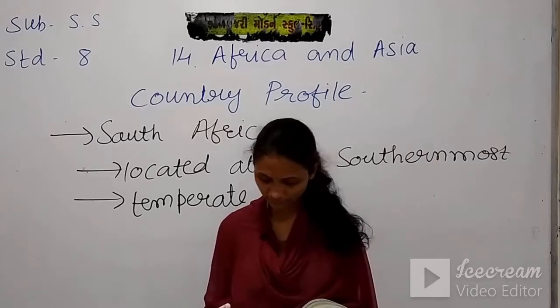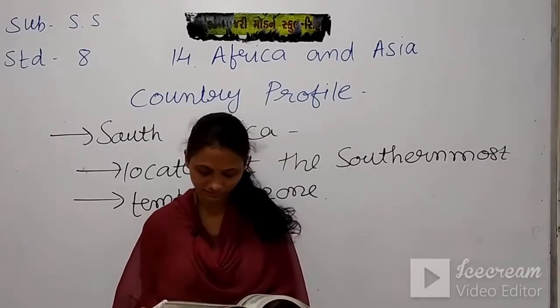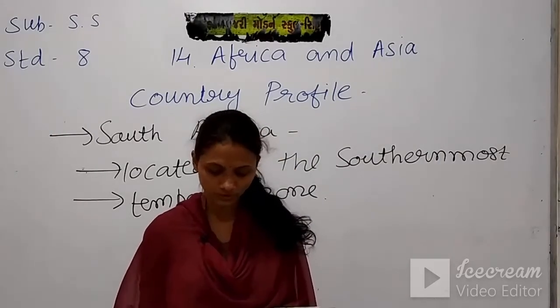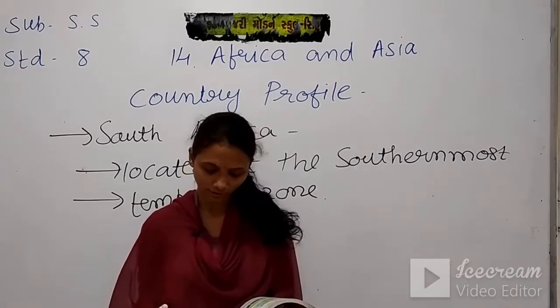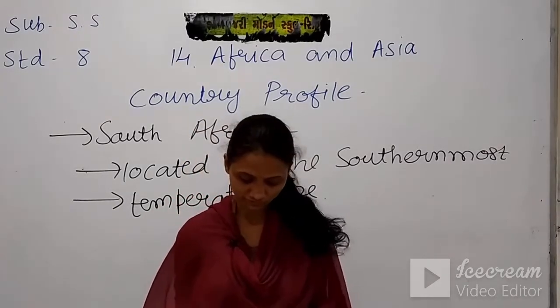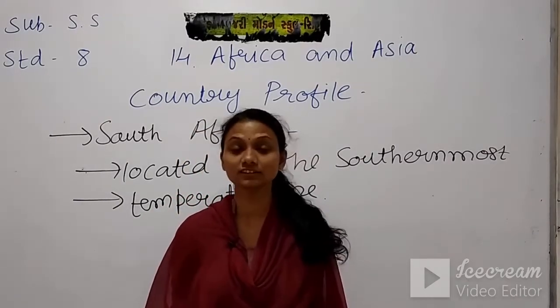Primarily, South Africa was an agricultural country, but the discovery of diamond and gold mines near the river Vaal in 1867 brought drastic change in the economy.